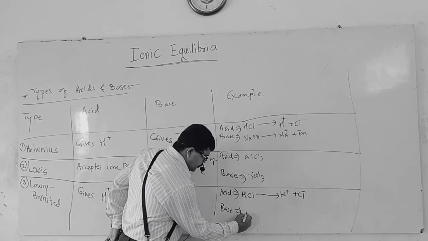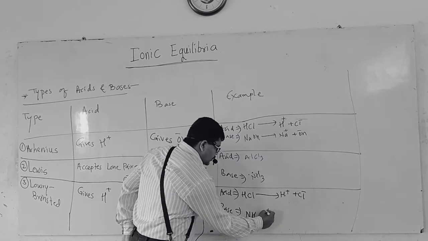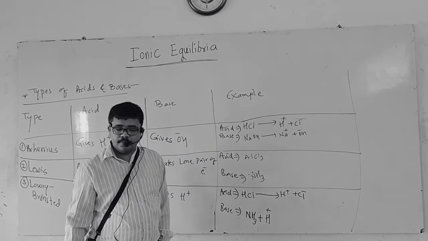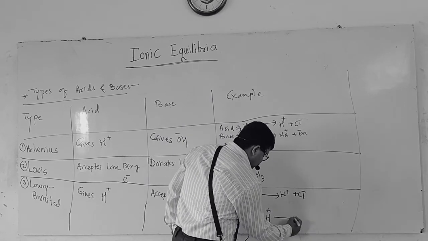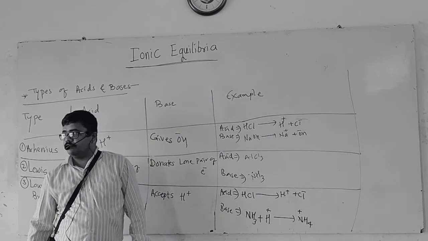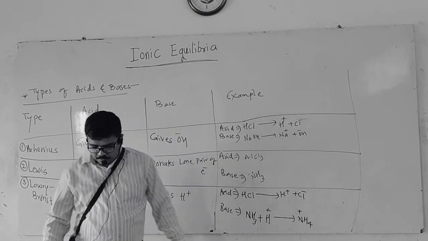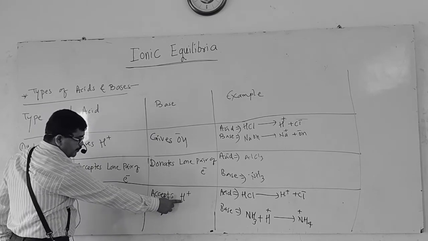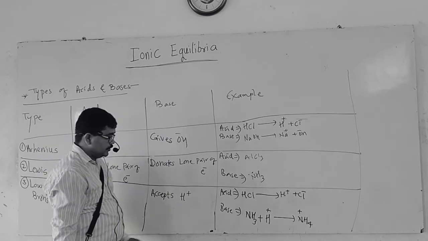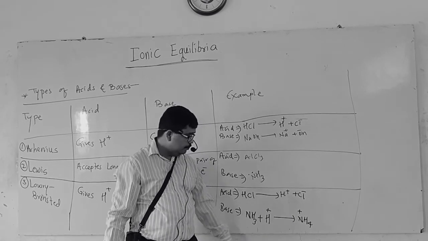Now the base: NH3 can accept H plus. So when NH3 accepts H plus, it becomes NH4 plus. It has accepted H plus. See, the substance which accepts H plus will be base. So NH3 has accepted H plus, so it will be Lowry Bronsted base.